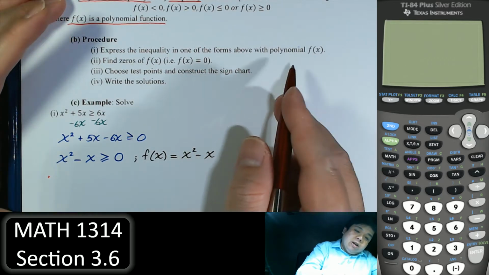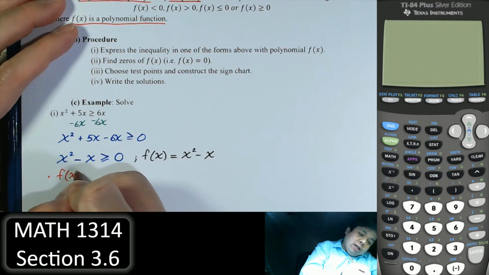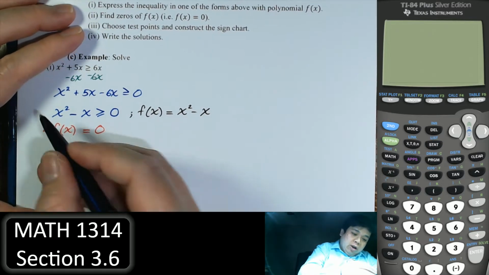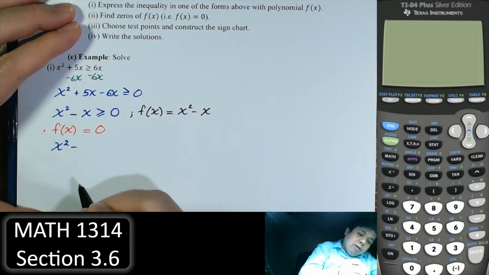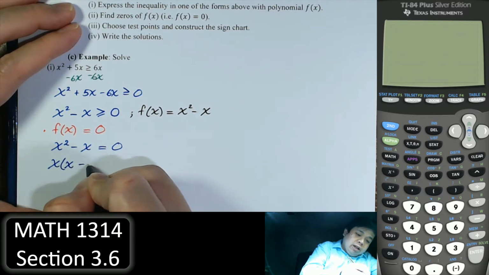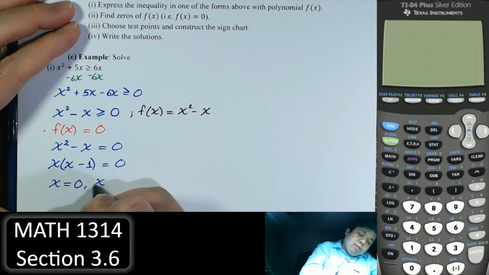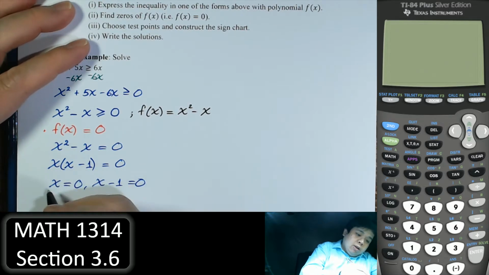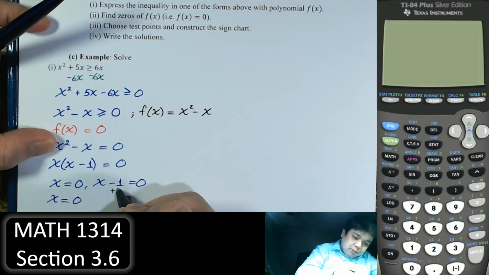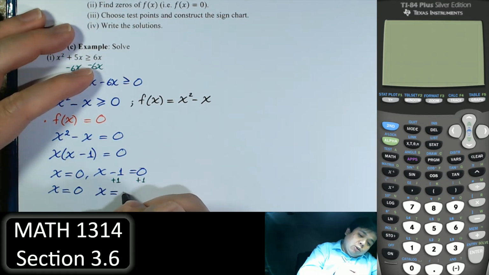First we find the 0 for f of x, or we just go ahead and solve for when f of x equal to 0. When f of x equal to 0, we have x squared minus x equal to 0, and here just simple factoring. So we have x equal to 0 or x minus 1 equal to 0. So x equal to 0, and plus 1 on both sides, we have x equal to 1.